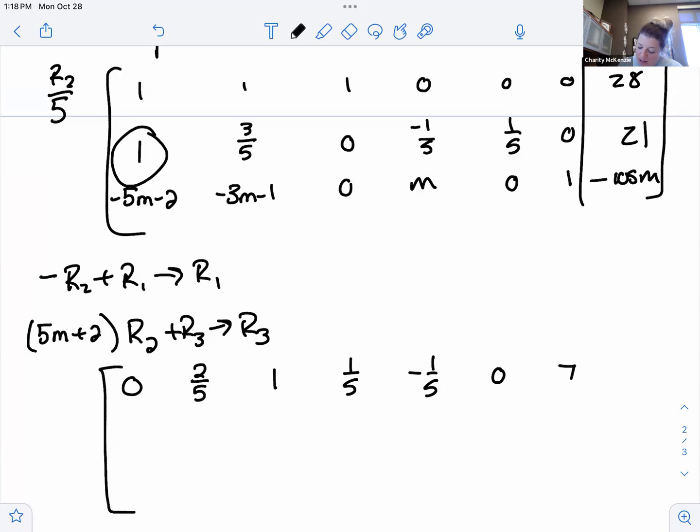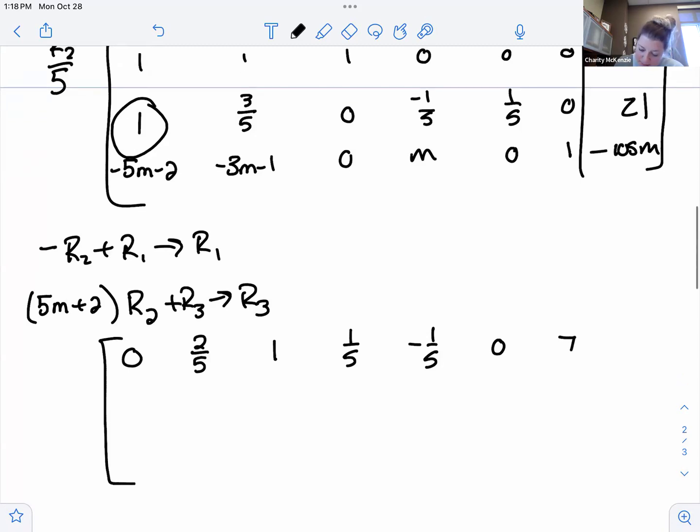Okay, the bottom row is a little more tricky. So I am going to write over here just to show you kind of how that works. But we're taking, for this first one, it's a 0. Because it's pretty easy to see that the 5m plus 2 minus the other one is going to give us 0.